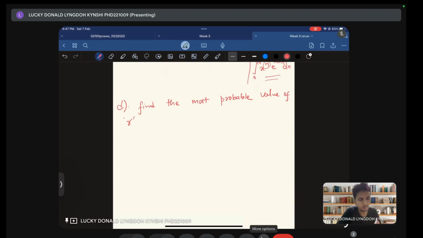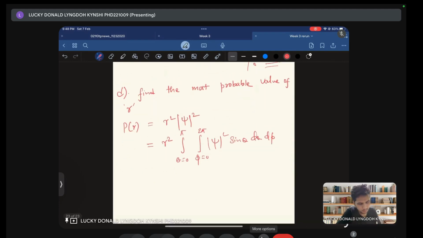So for the most probable value of r, first of all you have to find the probability. The probability is in fact given by r square psi square. That means r square, and the integration of theta goes from 0 to pi, phi goes from 0 to 2 pi, psi square sine theta d theta d phi.